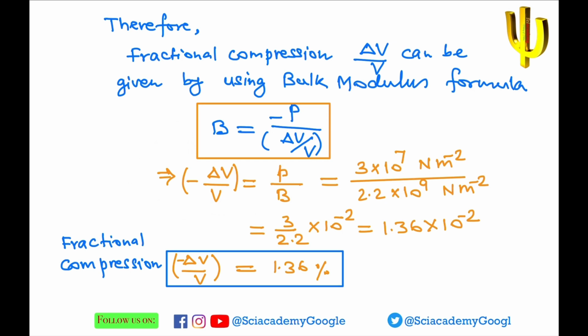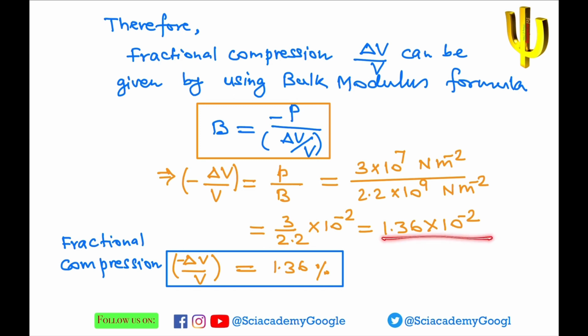So this formula gives the fractional compression, that is minus delta V by V equals P by B. We just calculated the pressure at the depth of 3000 meter, which is 3 into 10 to the power 7 Newton per meter square, and the bulk modulus of water is 2.2 into 10 to the power 9 Newton per meter square. Therefore, after simplifying, we get 1.36 into 10 to the power minus 2. This is the fractional compression.